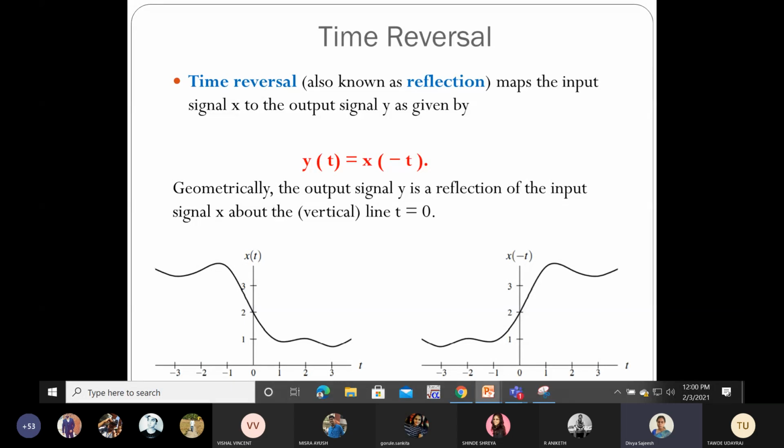When it is flipped, you have to keep your origin as it is, and about that origin, the y-axis, you have to flip the signal. So this is the example of time reversal, or reflection, or I can say the mirror image of the signal. An easy way to remember it is as the mirror image of the signal.